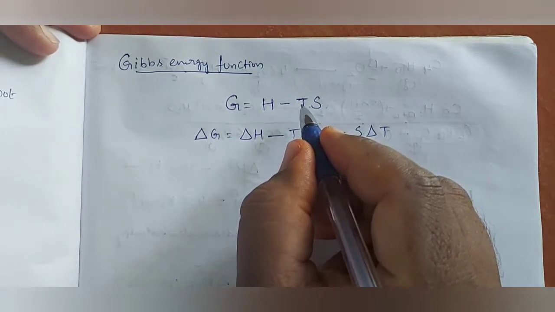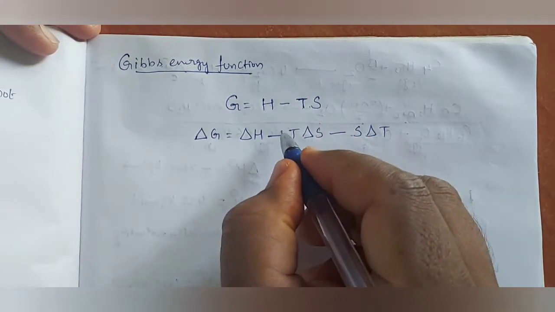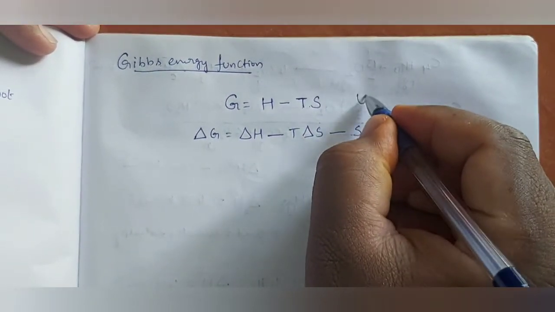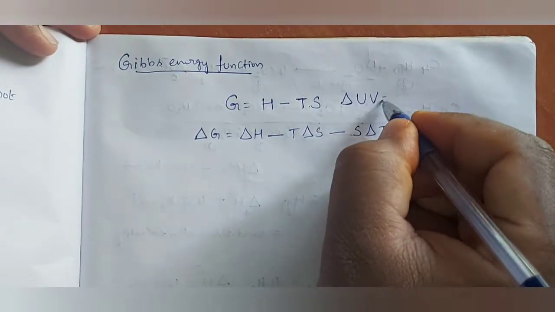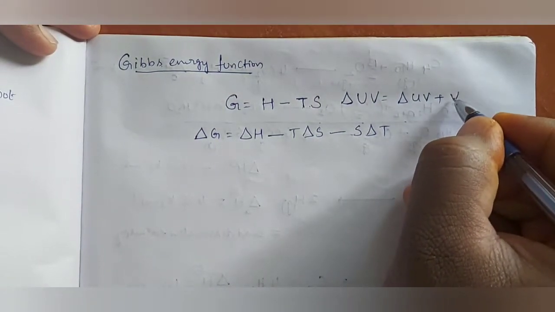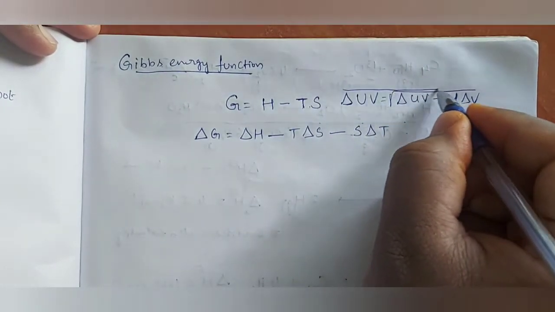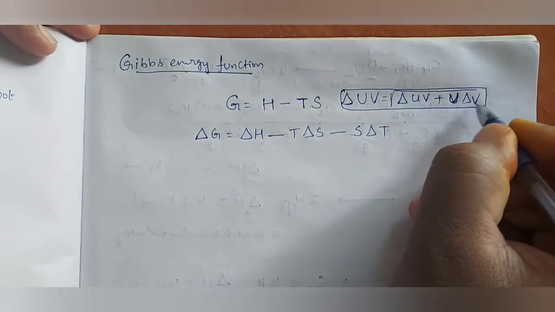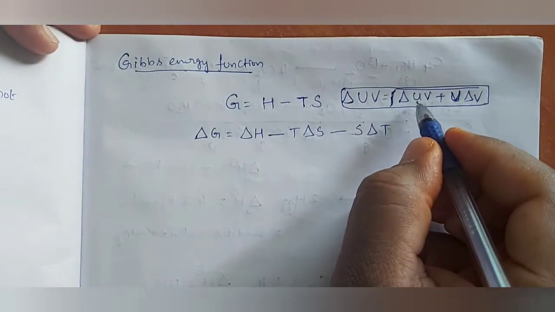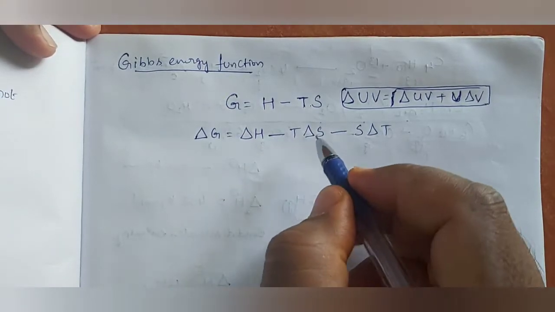The derivative of UV is delta U into V plus U into delta V. But here there is a minus sign, so for both terms we get minus.